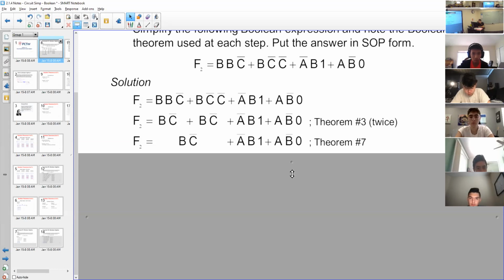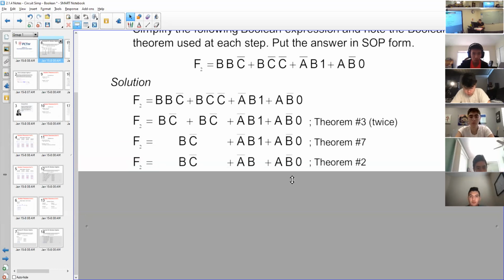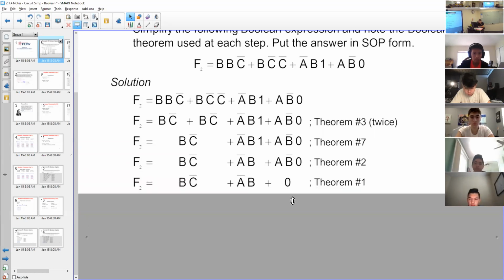In their next step, they use theorem 2, which says anything times 1 is just that thing. So not A B times 1 is just not A B. So now we're running out of options. There aren't that many more things we can do. So the next step they chose was theorem 1. Anything times 0 is just 0.